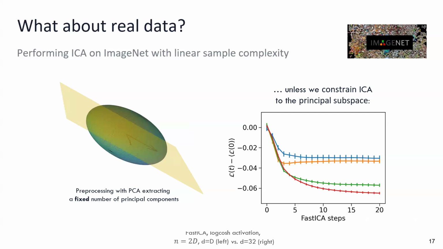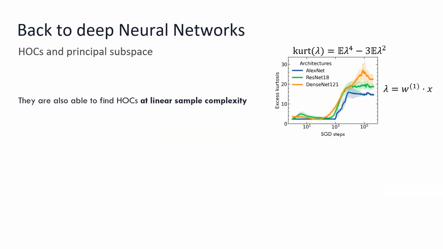So it's nice that these data processing algorithms can speed up, but the problem is that we don't give neural networks the processed data, we give them the raw data. But still they are able to learn it very fast. So this is the plot that I showed before, and after 1,000 steps, they already solved it. And they already found the non-Gaussian components.